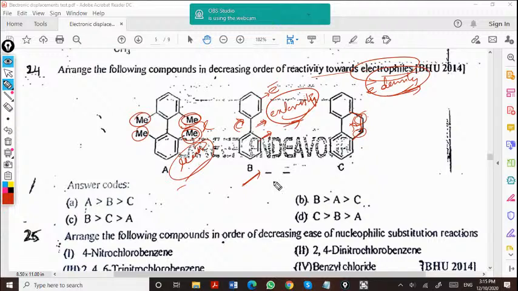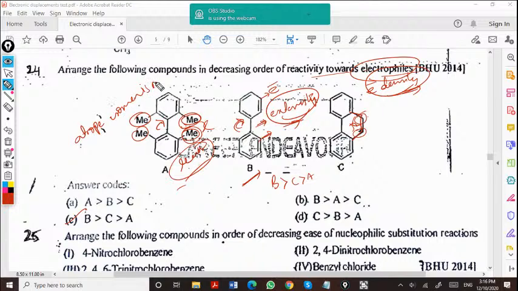So B will be the highest, then C, then A. Option C. It is based on their structures, and this restricted single bond rotation is called isomerism.